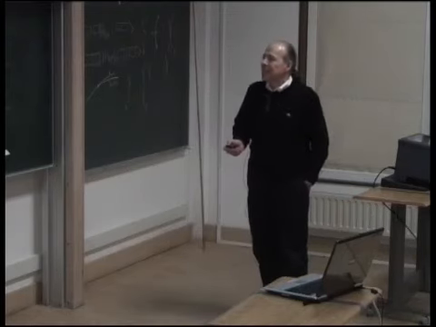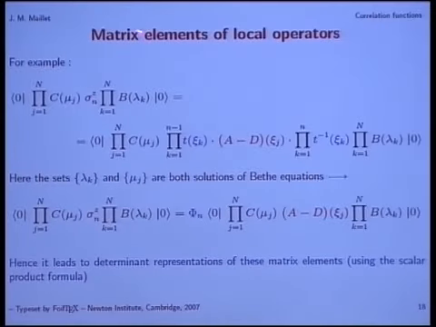Okay. So anyway, let me show you how you compute matrix elements of local operators. Just a one-point function. Suppose you have a beta state here, a beta state there, and you want to compute the matrix element of your sigma z operator between two such beta states.